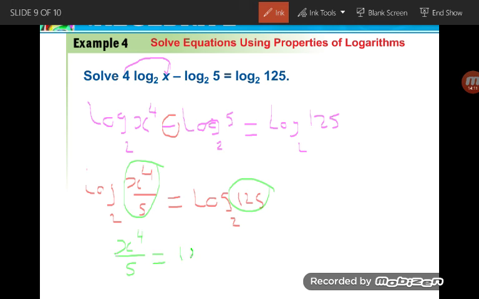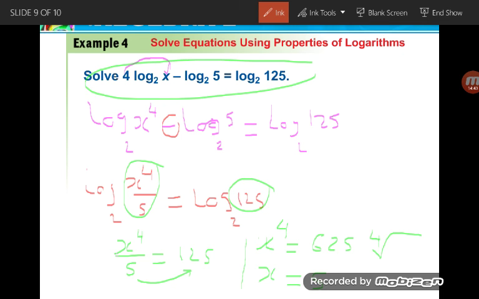Cross multiplication, you can find that x power 4 is equal to 625. By finding the fourth root for both sides, you can find the value of x, which is easily 5. So the solution for this logarithmic equation is x equal to 5.